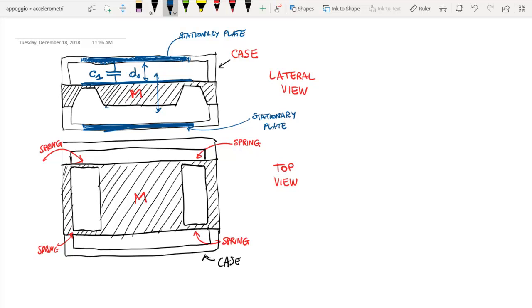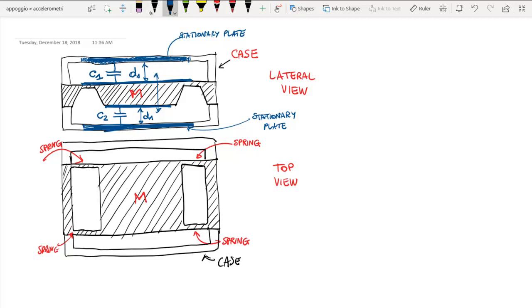And then we can have, for example, the moving plate on the bottom of the membrane, so that we have this other capacitance C2, which is inversely proportional to the distance D2.